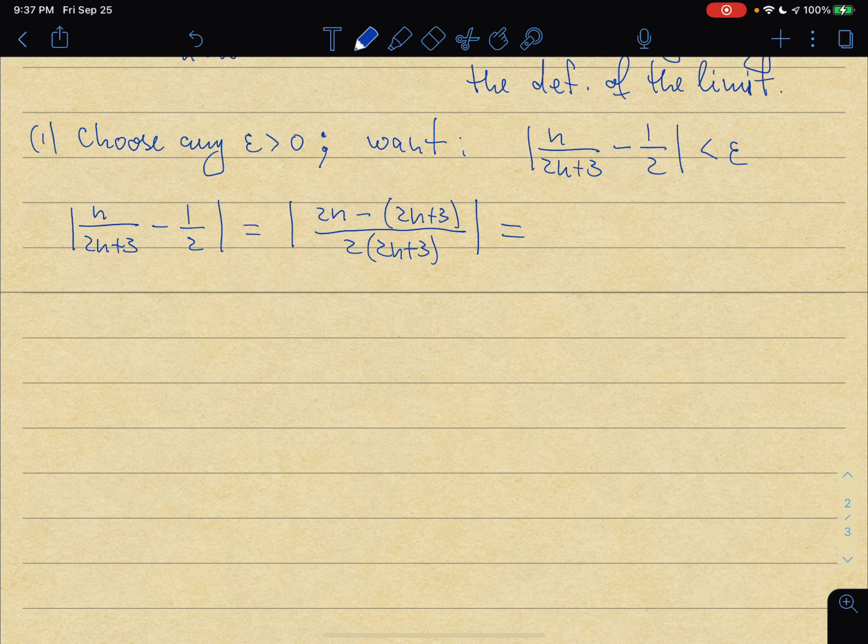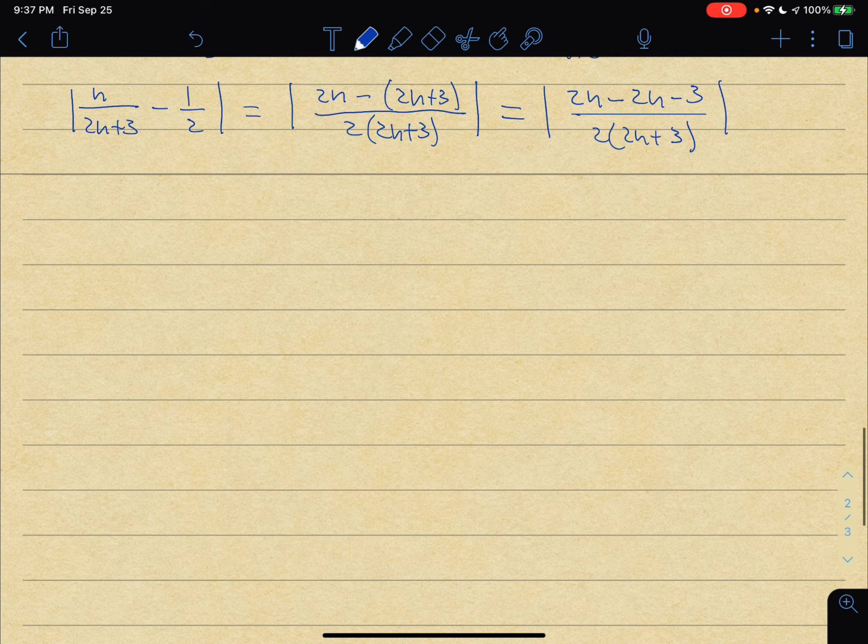If we open the parentheses, this is (2n minus (2n minus 3)) divided by 2 times (2n plus 3).